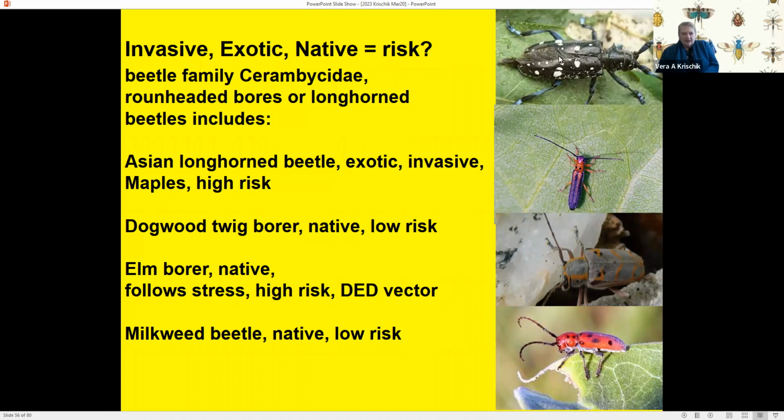This insect here, the Asian longhorn beetle, is a pest on maples, box elders, horse chestnuts. It's a huge extent. It's a huge outreach issue. They manage to quarantine it, but it keeps popping up, and they have to cut down the trees. That's the only way to get rid of it. This is a beetle that gets inside the twigs of dogwood, and the twigs fall off. Nobody ever manages for it.